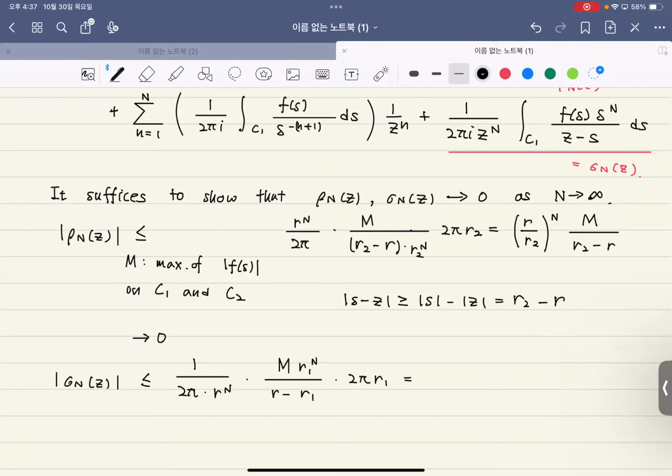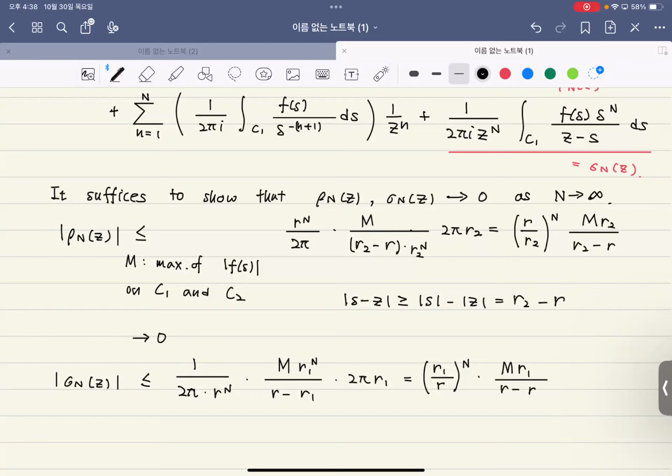Eventually, I have R1 over R, everything raised to the power of n, and M times R1 by R minus R2. Sorry, I just missed R2 here.